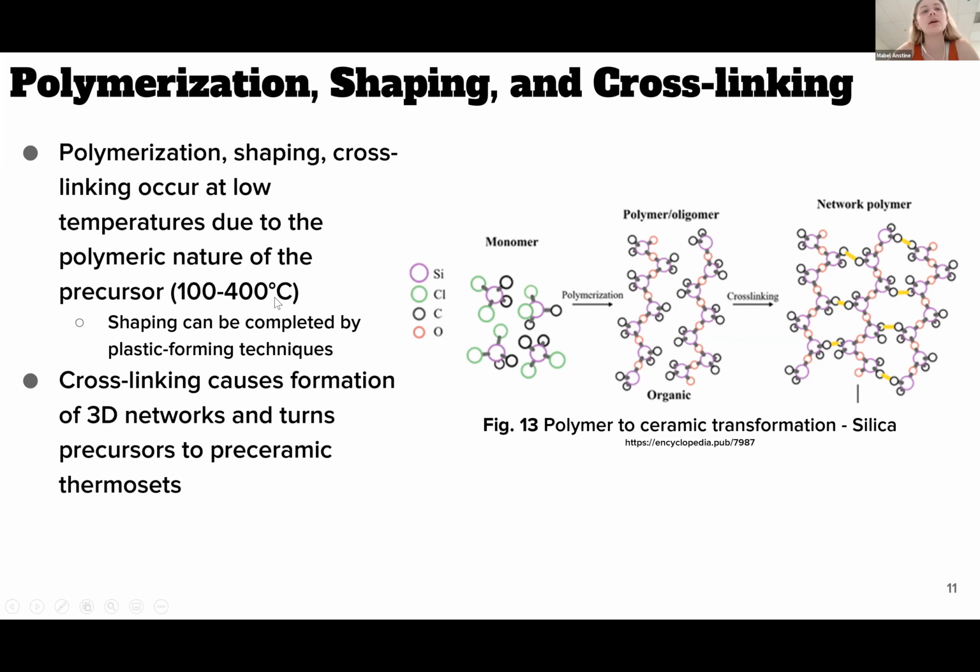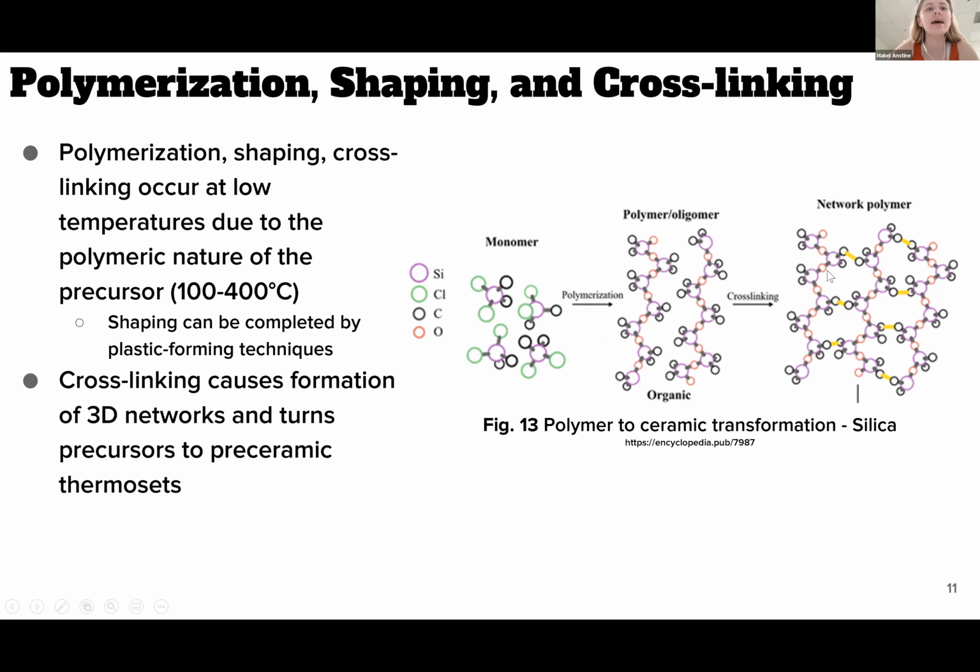So between 100 and 400 degrees Celsius, the polymers that I'm working with right now have been cross-linking at around 180 to 200 Celsius, so it's in that range. And then again, that shaping can be completed by plastic forming techniques when it's in the polymer stage.